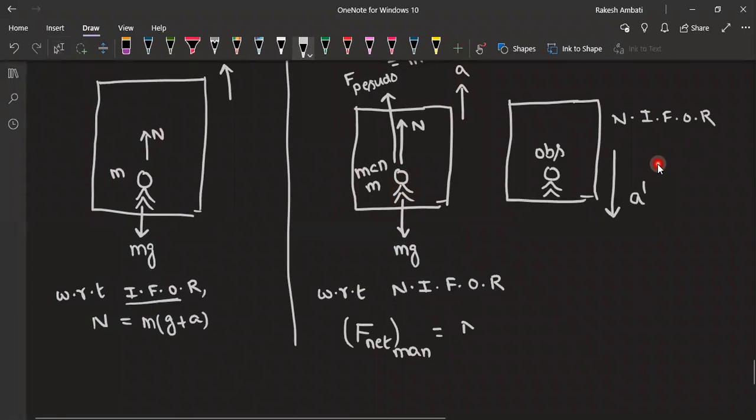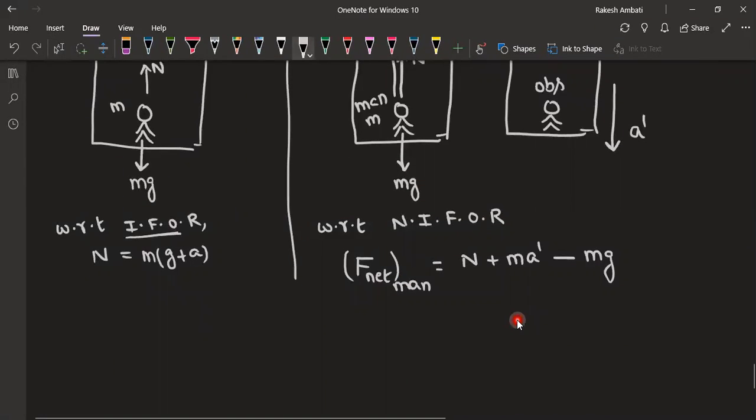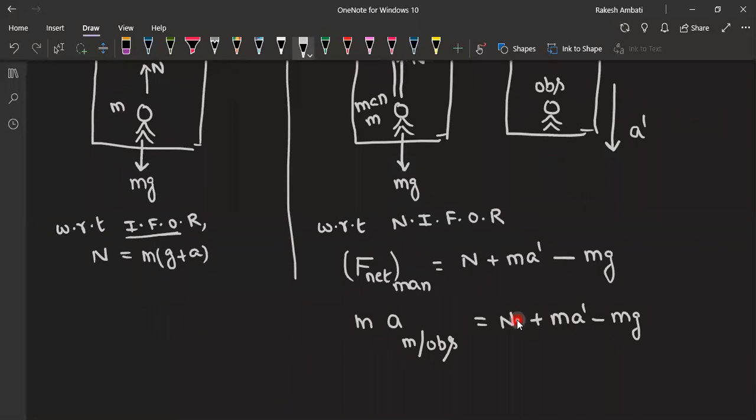That is N plus the pseudo force, ma dash, minus mg. This is the resultant force acting on the man. But resultant force means mass into acceleration, the acceleration of the man with respect to the observer, equal to N plus ma dash minus mg. According to relative motion, that is m into the acceleration of the man minus the acceleration of the observer, equal to N plus ma dash minus mg.